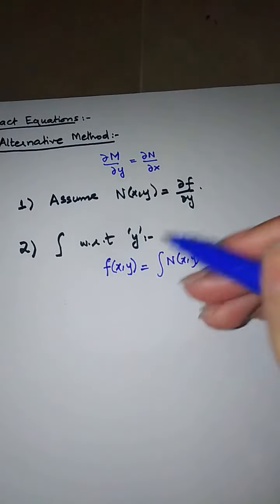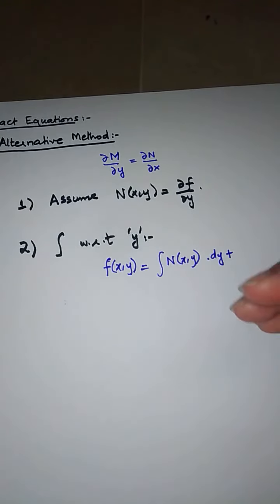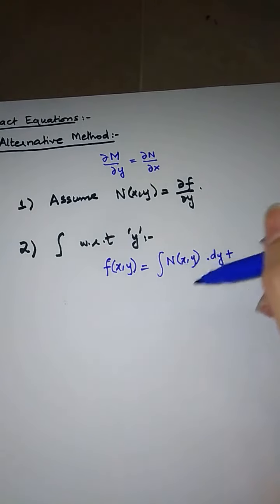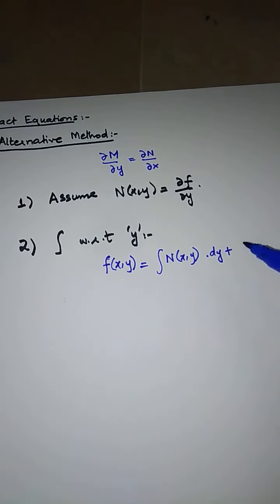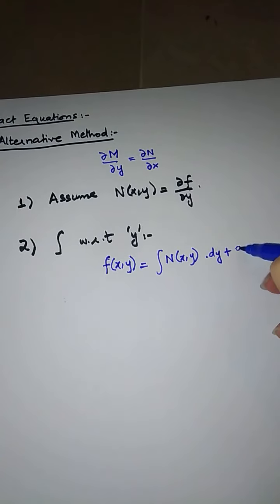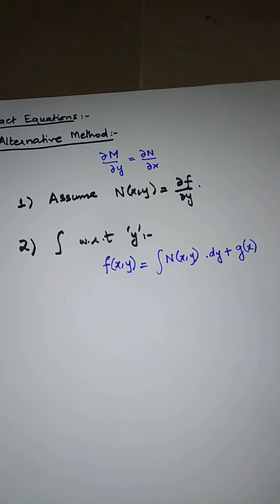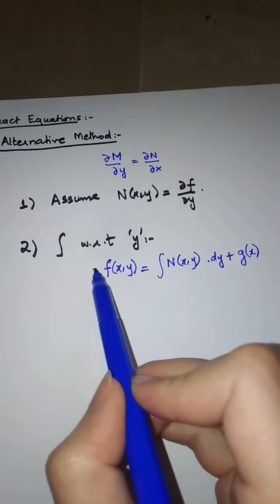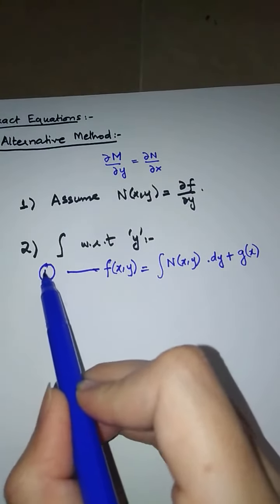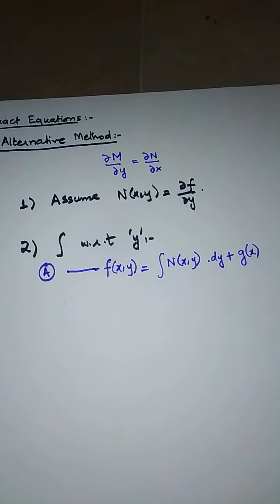Here again, with partial derivatives and integrating, x is considered as constant. So we have to add a function of x here. I am writing the constant of integration as a function of x, that is g(x), and we name it equation A.